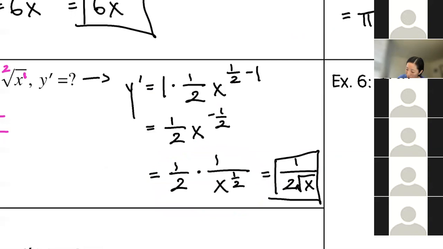Let's do a little bit of color coding to help us out here. 1/2 is still this 1/2. Are we okay with that part? And then this next part, right, x to the negative 1/2, what do we know about negative exponents? If we want to write them as positive exponents, we bring them to the other side of the fraction line. So 1/x to the 1/2.